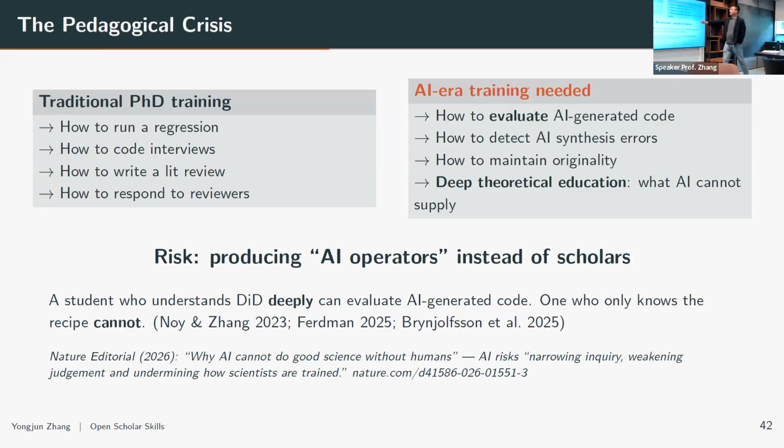AI struggles with theoretical originality, so we need to invest more in theory-based training. And if you do that, you might also risk producing these AI operators. So there's always a trade-off.